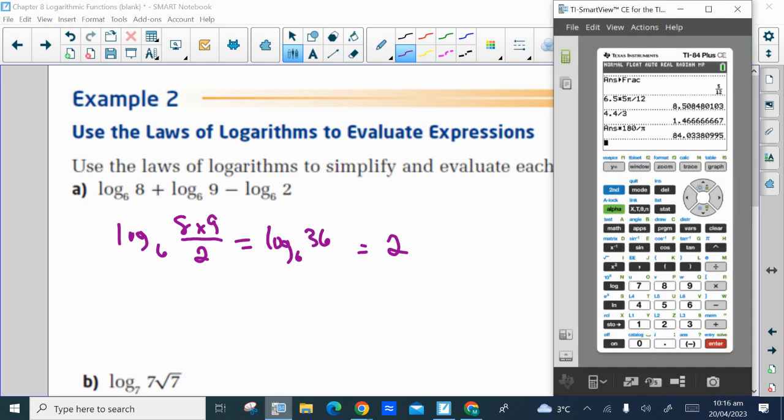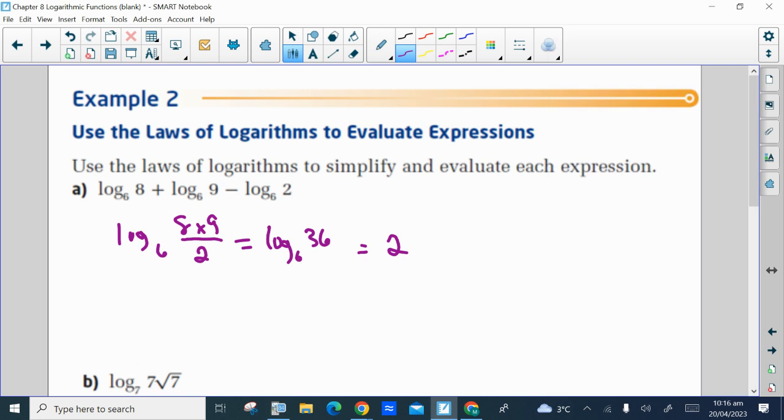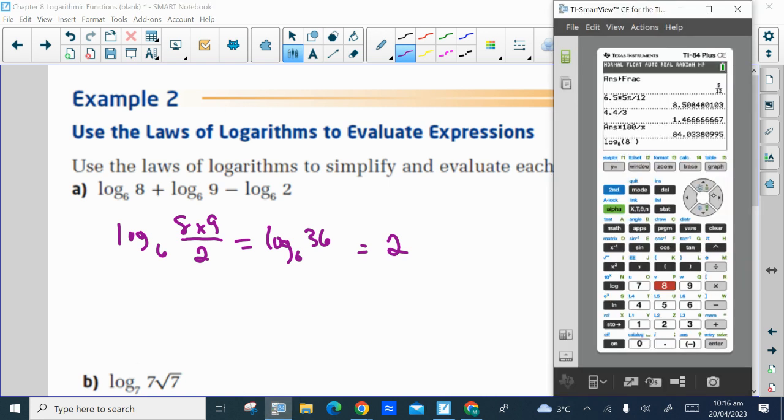And we saw yesterday that we can use our calculator to check, put our original expression in. Log base 6 of 8, which would be irrational on its own, plus log base 6 of 9, which on its own would be irrational, minus log base 6 of 2.